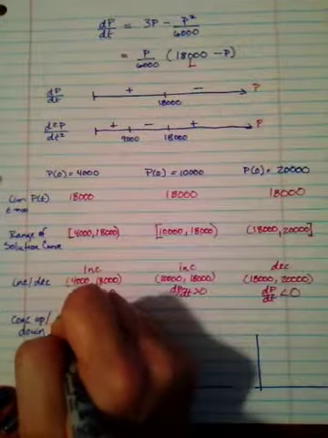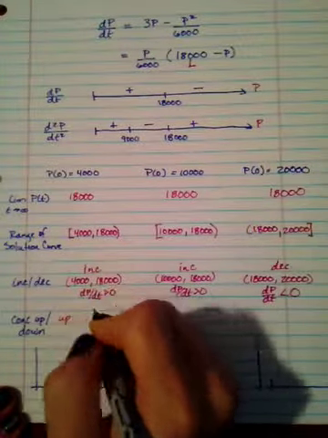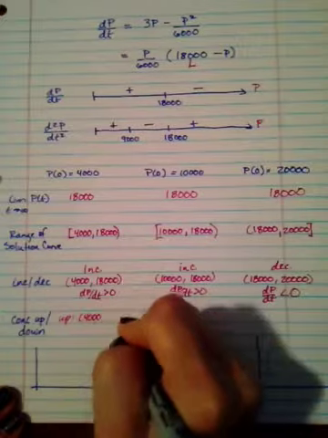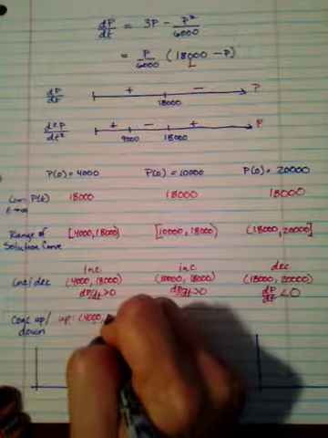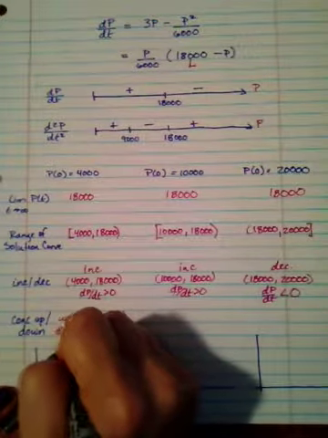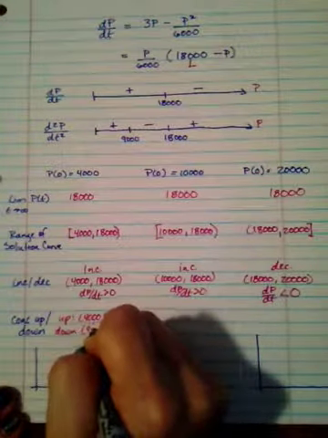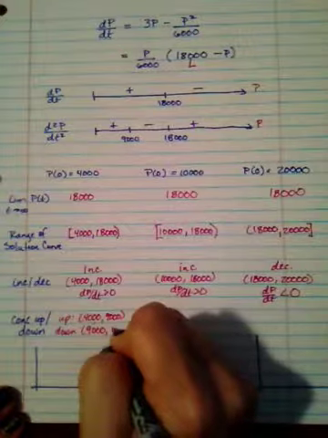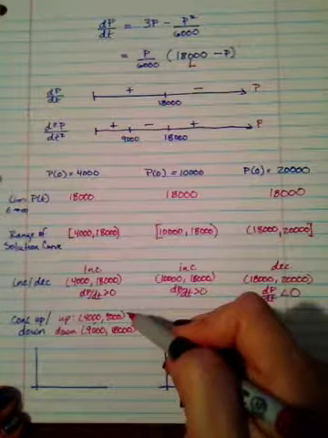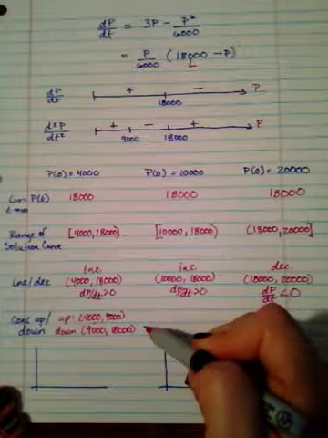So for up, I have from 4,000 to 9,000, and then for down I have from 9,000 to 18,000. And I'm looking for when my second derivative is positive and when my second derivative is negative.